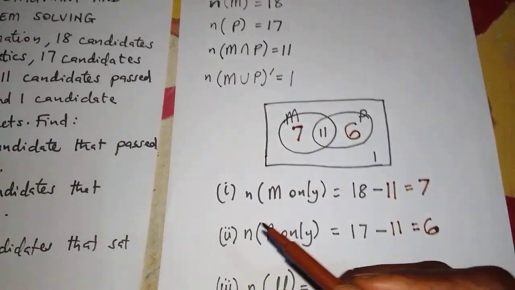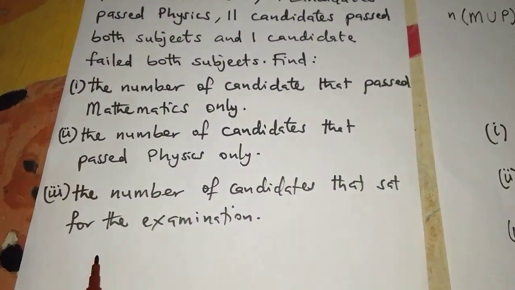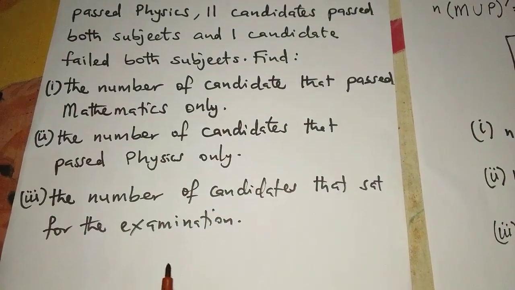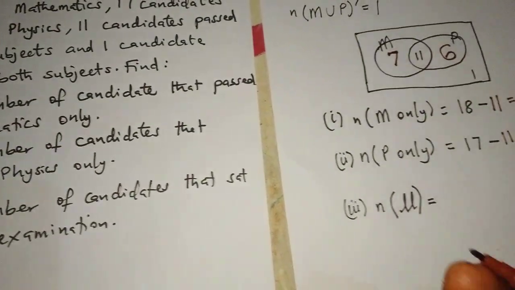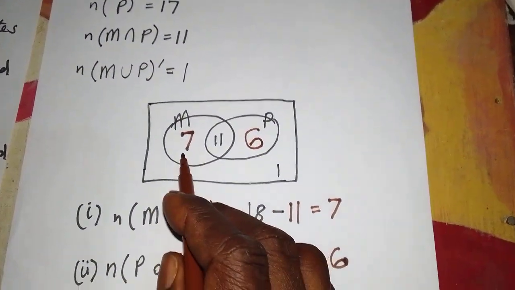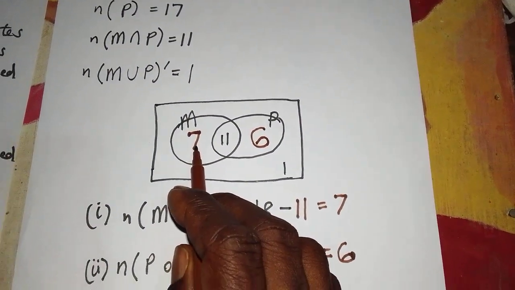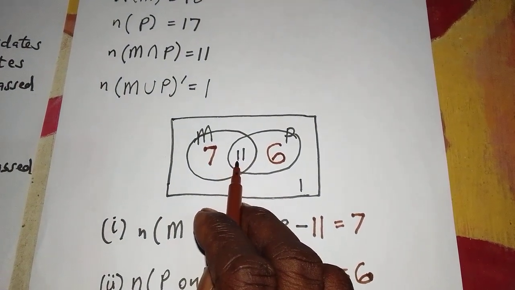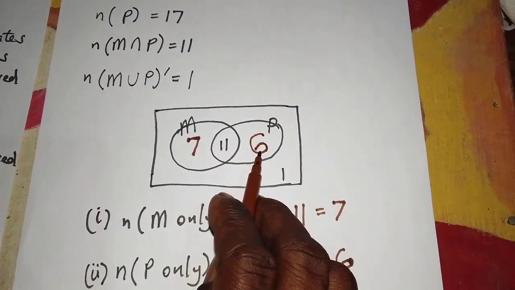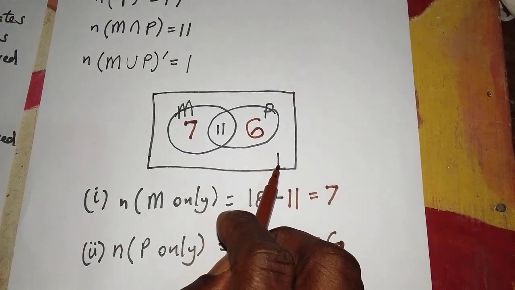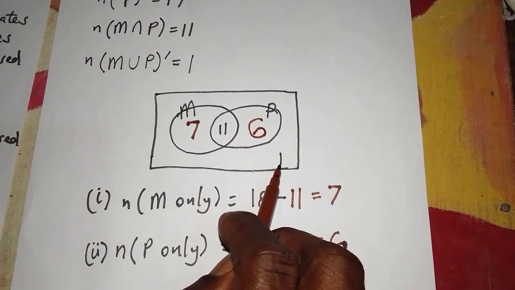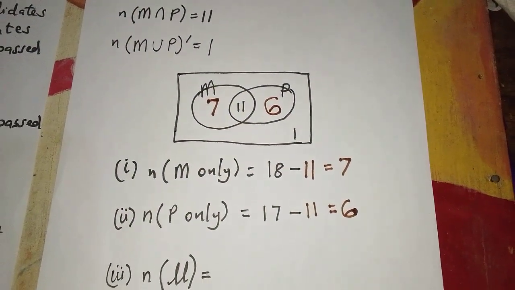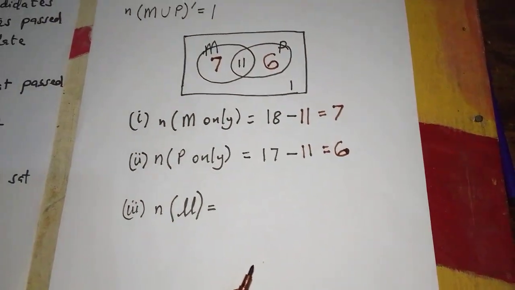Now, we are also told to look for the number of candidates that sat for the examination. To know that, you look for the number of candidates that passed only mathematics, the number of students that passed both mathematics and physics, the number of students that passed only physics, then the number of students that did not pass any of the two subjects. When you add them together, it gives us the total number of students that sat for the examination.